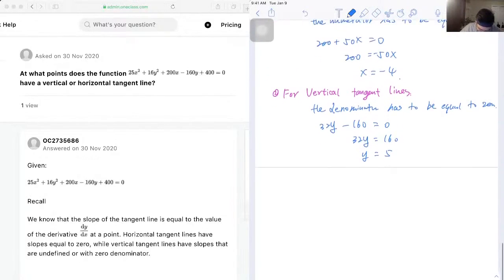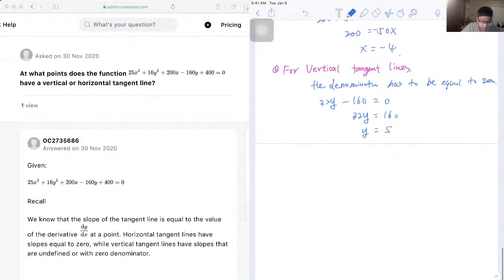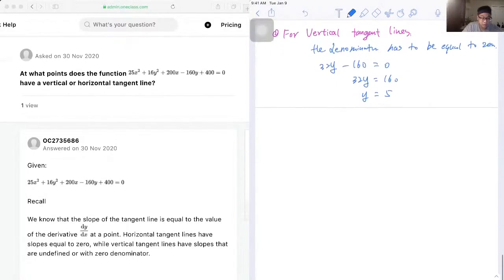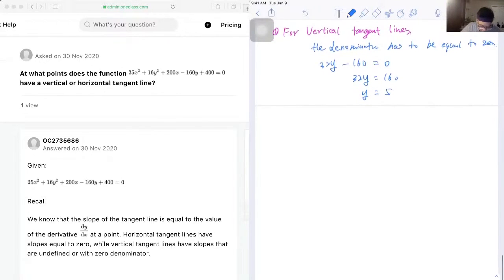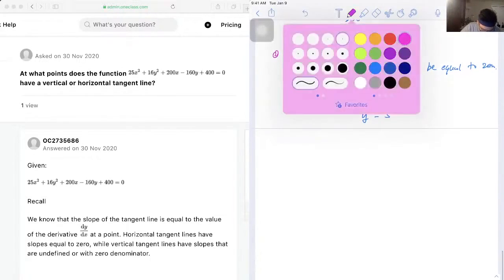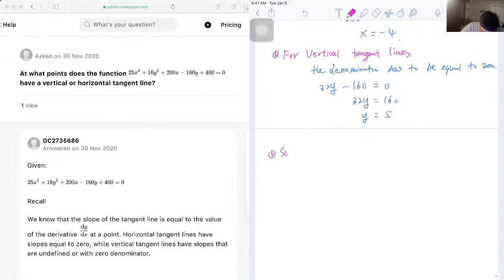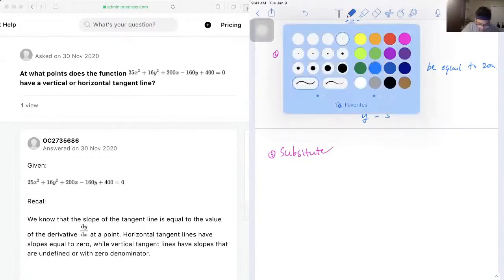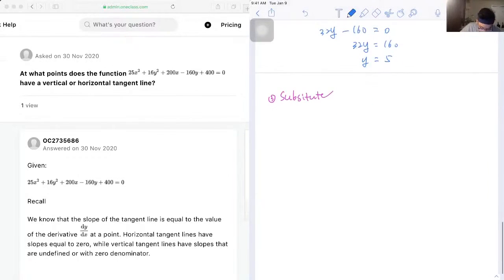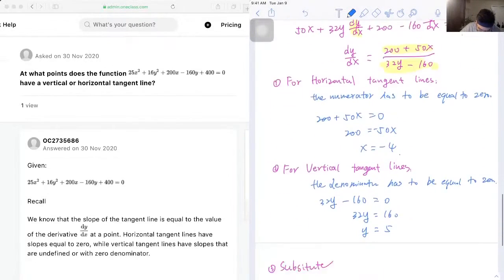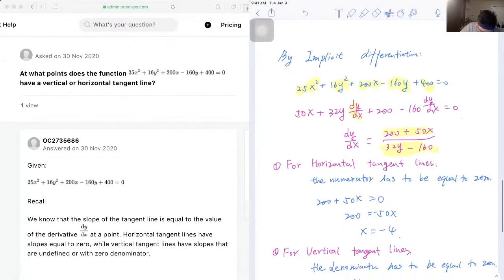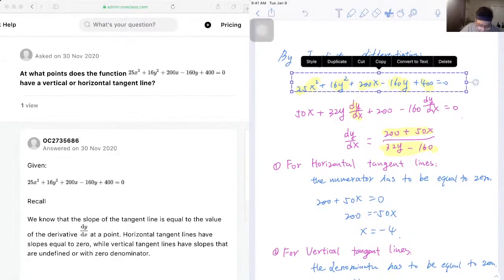And after solving x and y, we substitute this value to get the other x and y values. So let's copy down the original equation again.